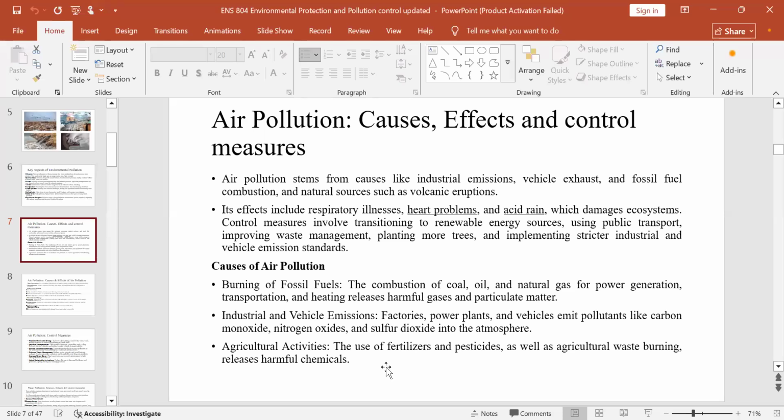Usually after harvest, at the onset of preparation for the next cropping season, farmers usually set fire on waste, vegetative material that was left after harvesting. So all of those result in the release of pollutants into the atmosphere.